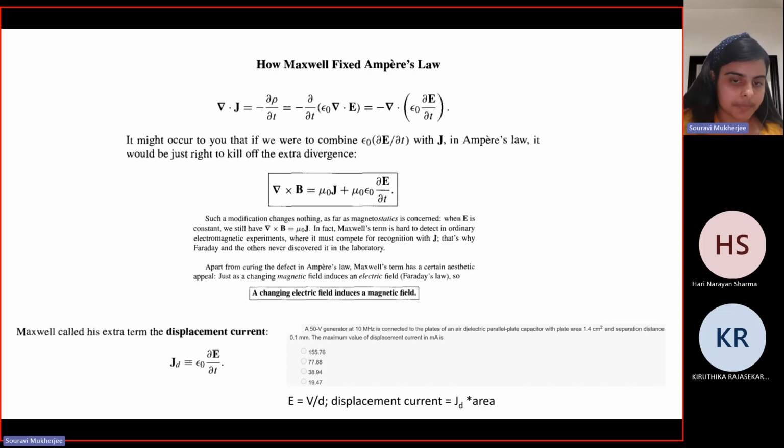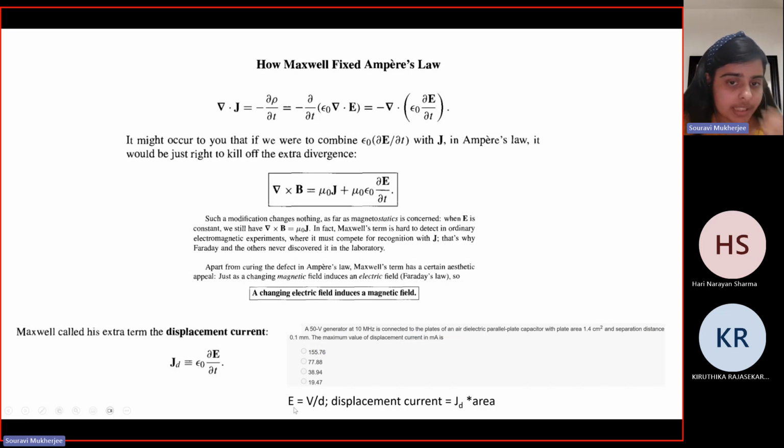So how do you do this? So here the first point is that the electric field is not directly specified, right? So you have to find the electric field from the potential. You know the potential difference between the plates and you know the distance between the plates, right? So that means E is given as V, that is 50, by d, that is 0.1 mm.